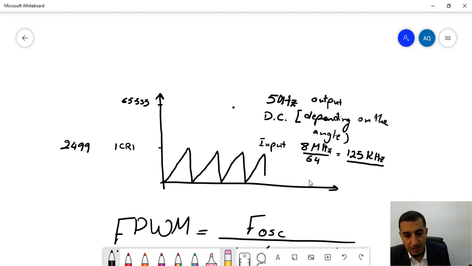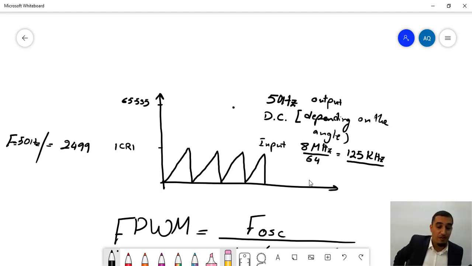Now what happens here is I generated a signal, a pulse width modulated signal which has a frequency of 50 hertz. We generated a signal for 50 hertz.